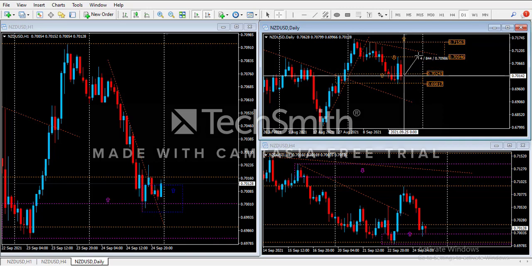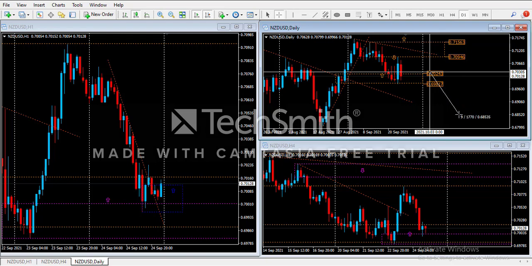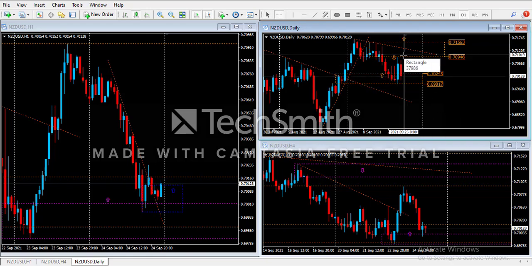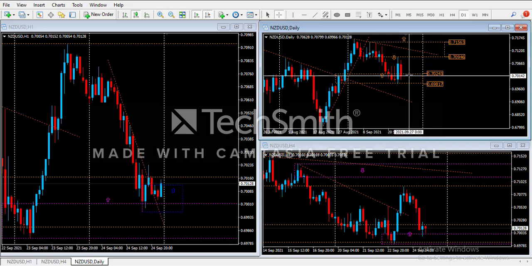So this correction movement to the supply area, and if it breaks out in any of the areas, up or down, then we will take the motion development in the appropriate direction. So if the price breaks this demand area from the correction movement, we have to take the downward deeper tendency. On the daily chart, we have the range, so we are waiting to break out up or down.